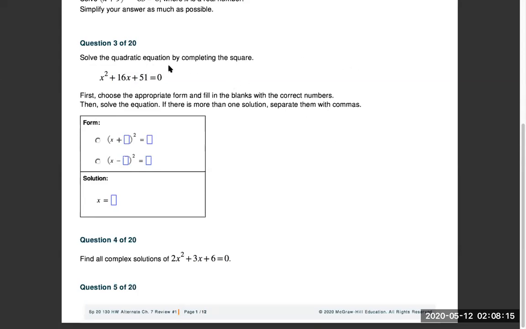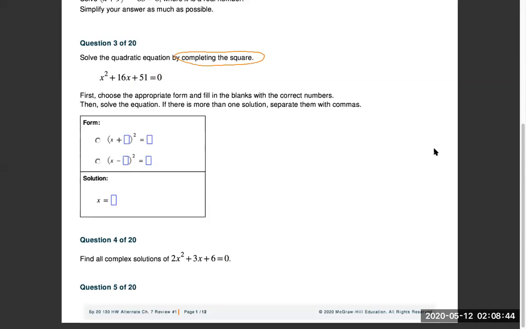So solve the quadratic equation by completing the square. Okay, and then you have your quadratic equation right here. First choose the appropriate form here and fill in the blanks with the correct numbers. Then solve the equation. If there's more than one solution, separate them with commas.